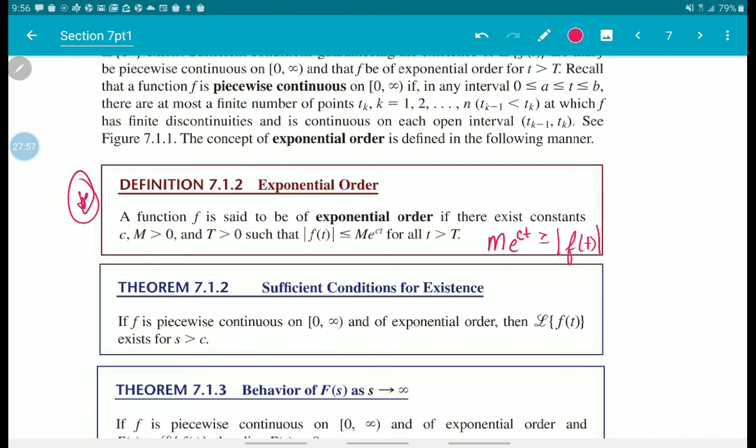So what this is saying is that you're going to see, are there constants where this is going to happen at some point in time? That's what this t is greater than t is. And what you want to happen is you want this exponential to live above the absolute value of f of t. So that's all it's saying. That m and that c on this exponential are just performing some kind of transformation on it.